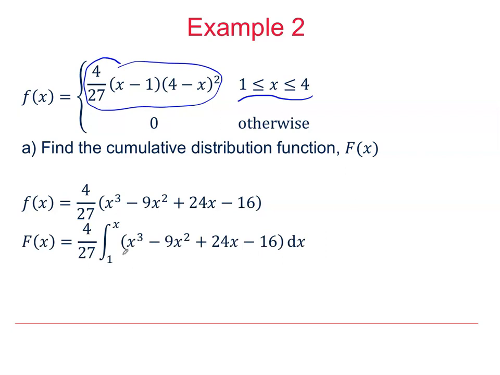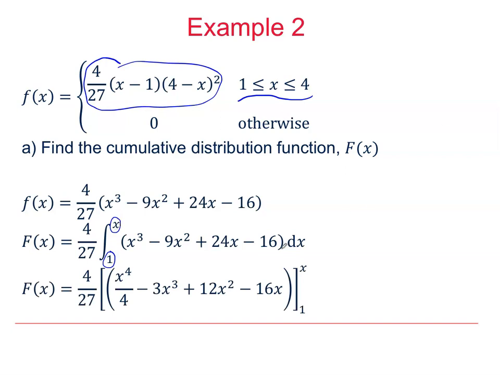And what we now need to do is to integrate from the lower limit here, 1, the first value for which the PDF becomes non-zero, up to this variable value x. Here we see we've integrated term by term as usual, and then we've got to evaluate this integral at the two limits.